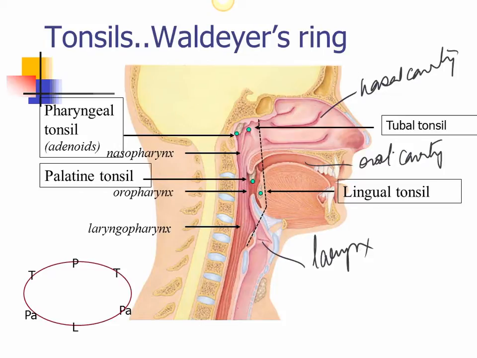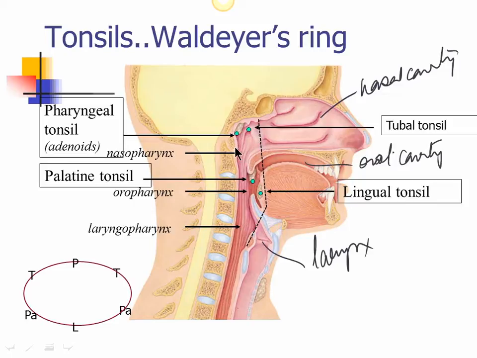So if we draw a line from where the posterior part of your nose ends, at this point where the nose ends, we also draw a line through folds. When you open your mouth and you look at the back of your tongue, you can see two folds which go from the soft palate down to the tongue, right? So at the beginning of the first of those folds, and you take the line across from just crossing the larynx this way, all this area here is called the pharynx.